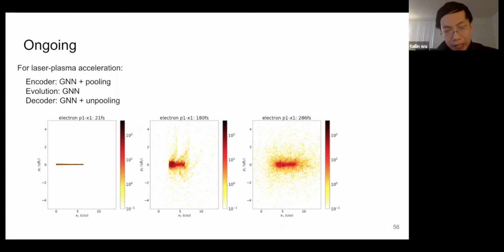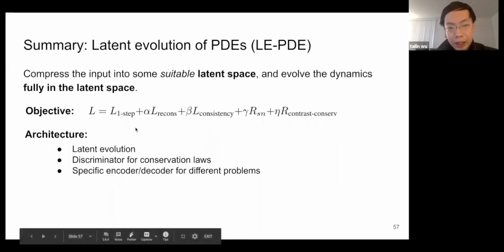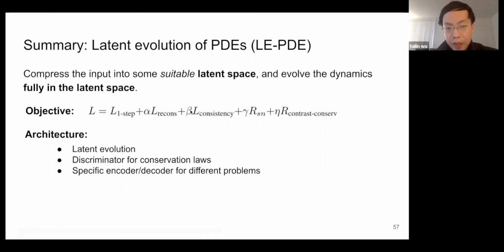Overall, in this talk, we introduced this architecture that tries to evolve the dynamics in latent space so that it can achieve speed up. We also introduced this 5-turn objective to ensure that it can learn the dynamics faithfully.